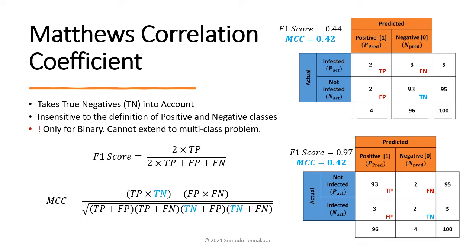And when we flip the definition of negative and positive classes, which makes not infected the positive class and infected the negative class, we get a higher F1 score of 0.97, but MCC remains the same. So this is an example showing how MCC is insensitive to the definition of positive and negative classes.